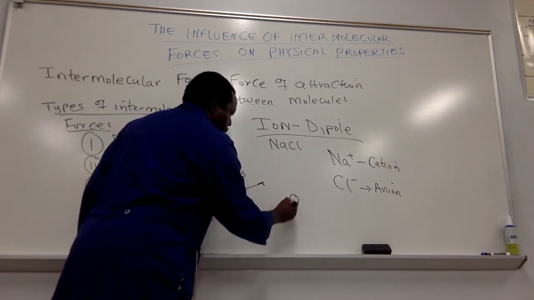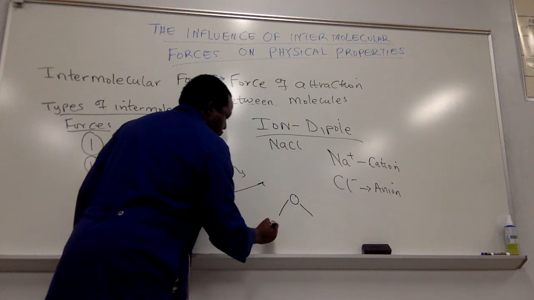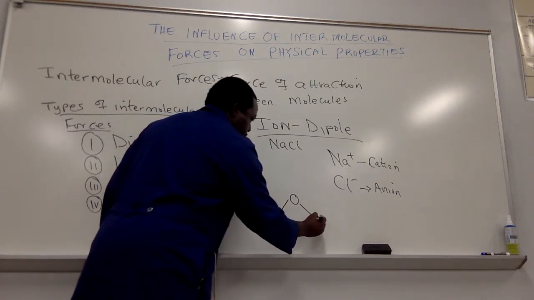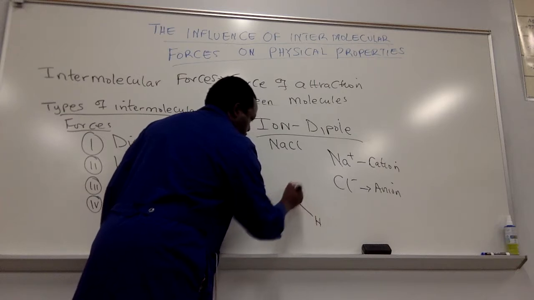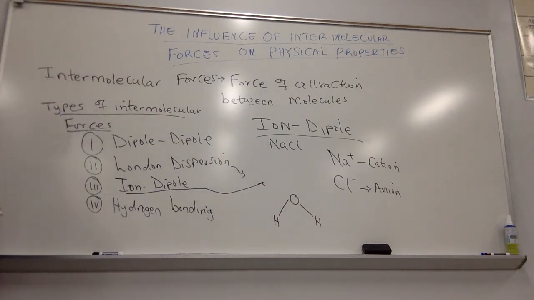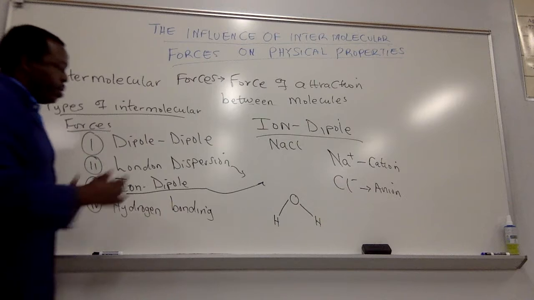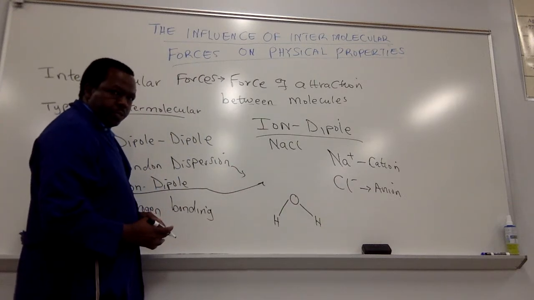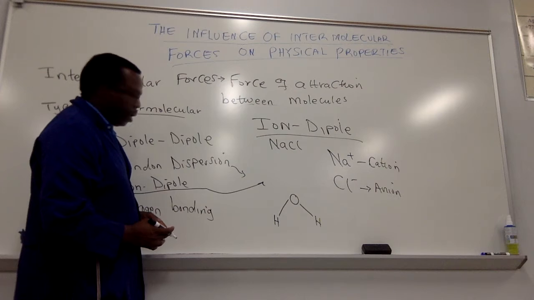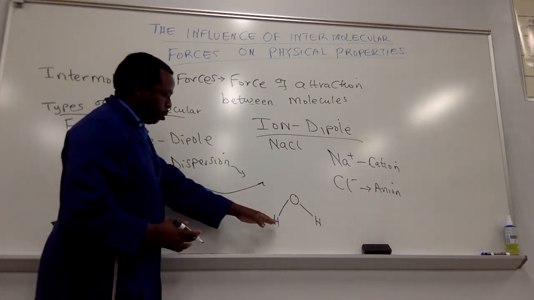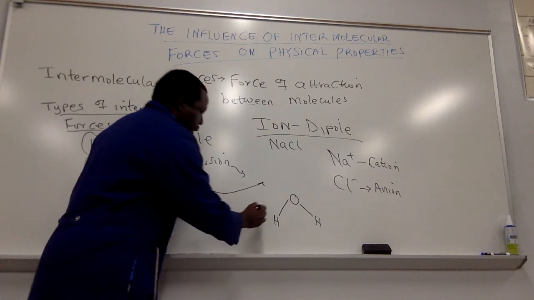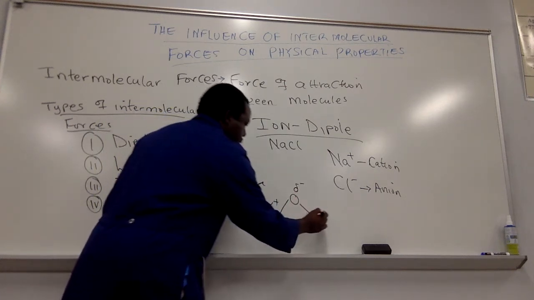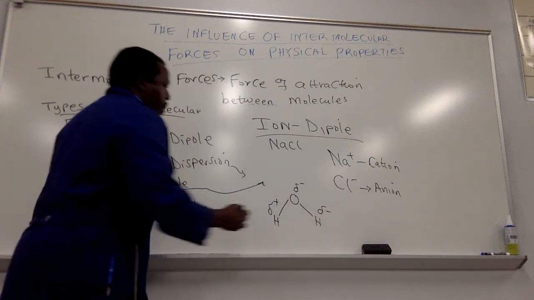Now, for ion-dipole, you know the molecular geometry for H2O is bent or V-shaped, and electrons are pulled towards oxygen, which is more electronegative compared to hydrogen, which is less electronegative. We get partially positive, partially negative, partially positive.